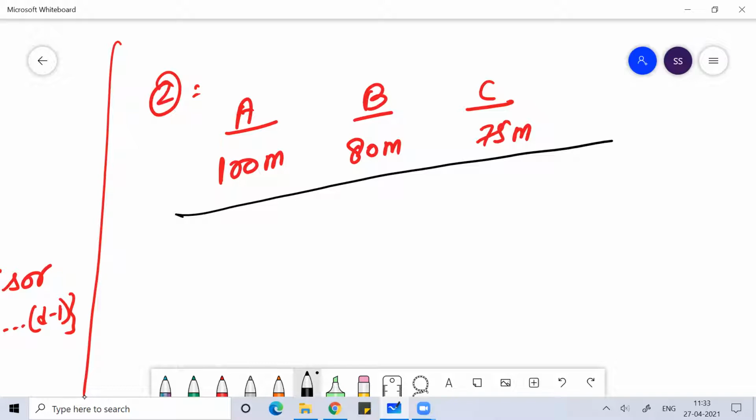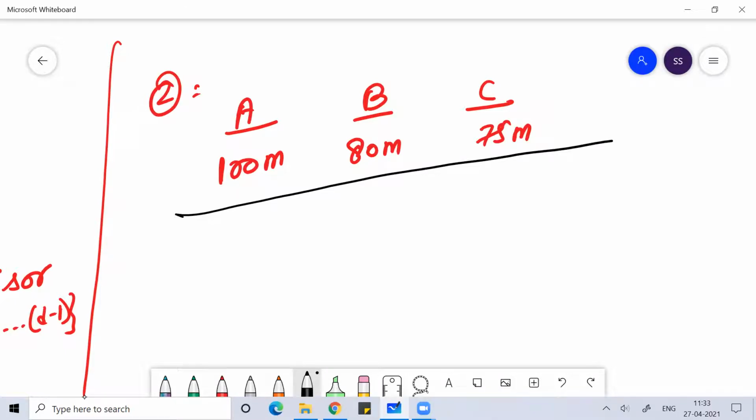This is the final position. When A reaches the finishing line, B would be standing at 80 meters and C would be standing at 75 meters.